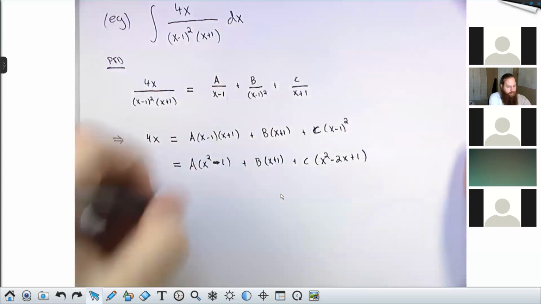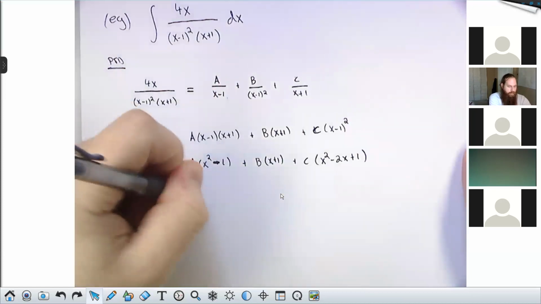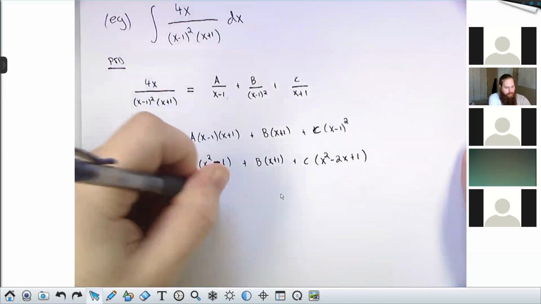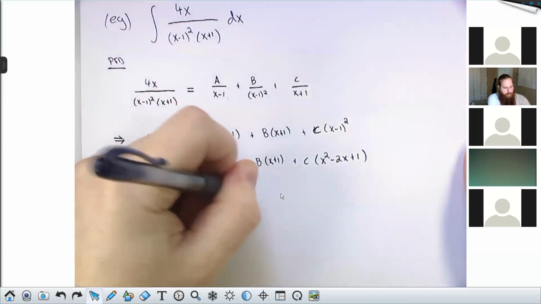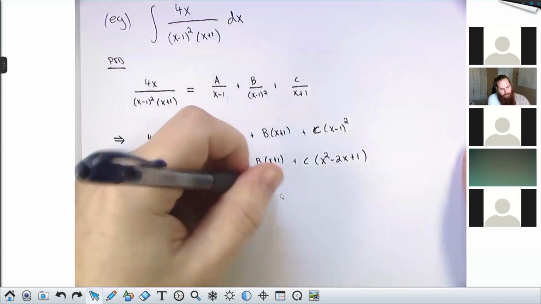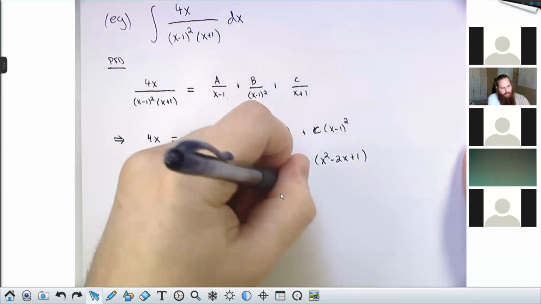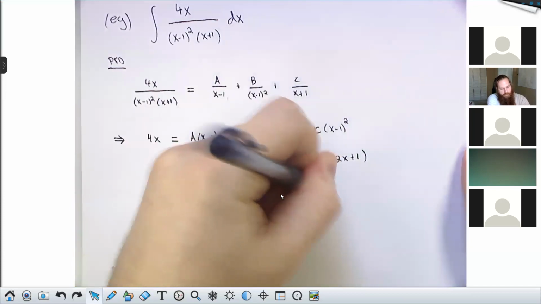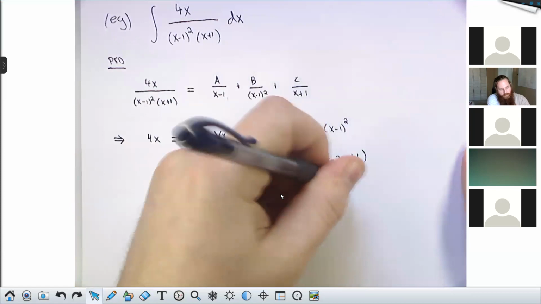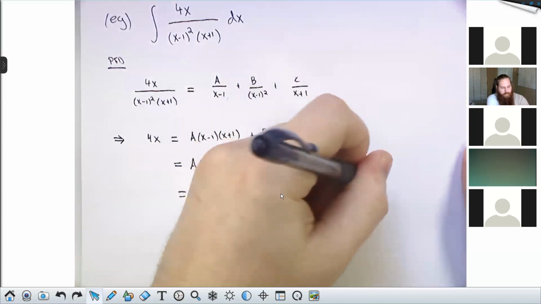And now we'll distribute. So I'll have ax squared minus a plus bx plus b plus cx squared minus 2cx plus c.